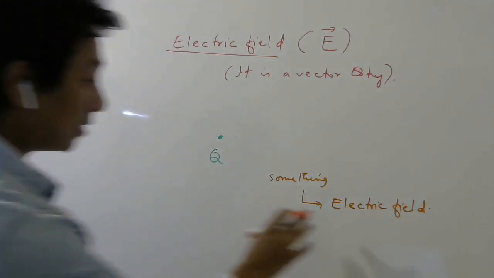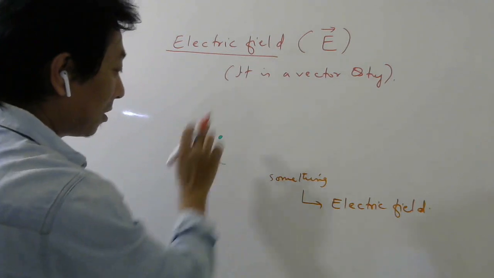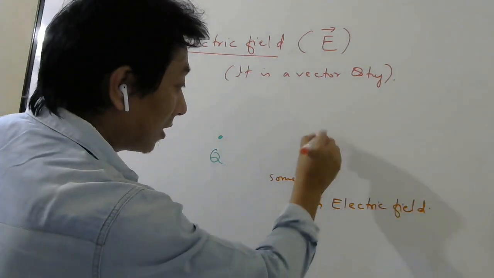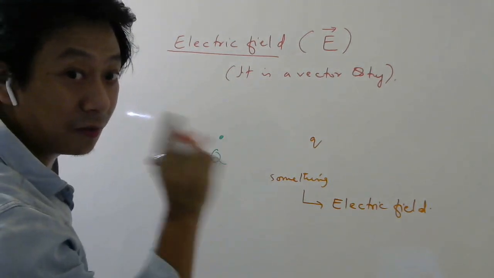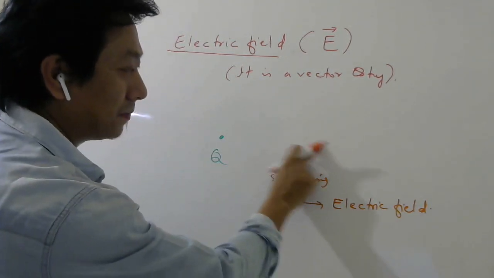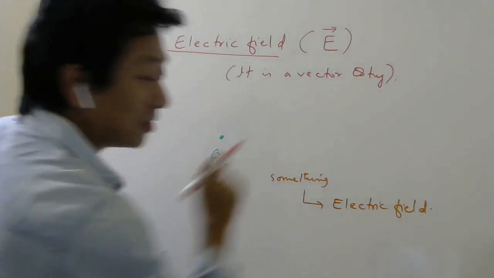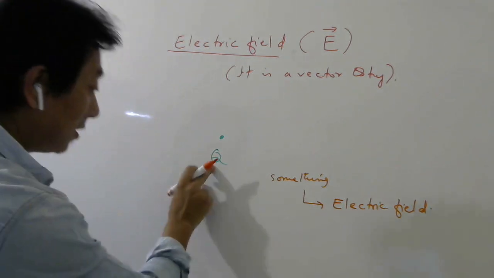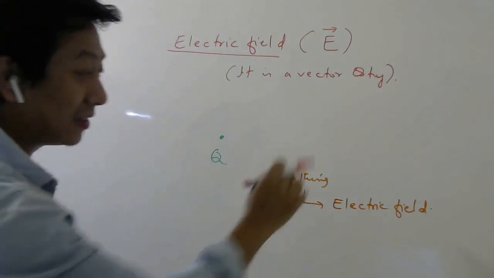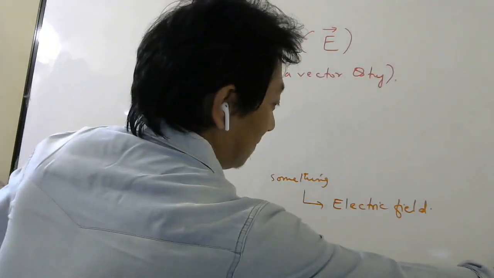Electric field basically is some region surrounding this charge, where if another charge comes, that charge will feel a force because of the electric field. So now I am not saying this charge applies force on this charge. I am saying this charge creates electric field, and that electric field will exert force on this charge.